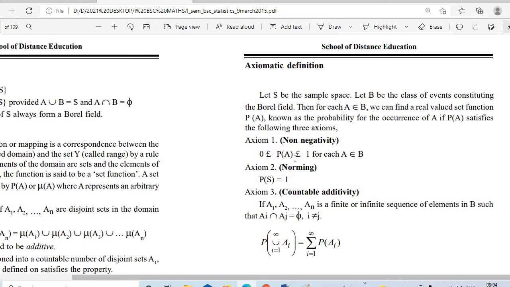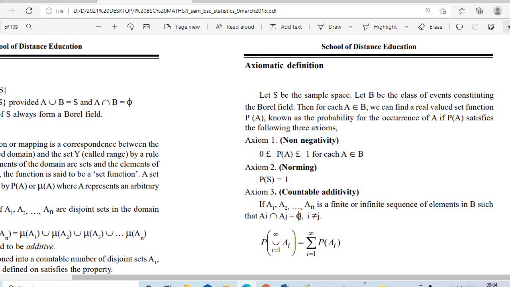I think I have already given this definition in some previous classes. This is not the euro sign, it is less than or equal to. There are several printing mistakes in this book. Please ignore this type of printing mistake. This is actually 0 less than or equal to P of A less than or equal to 1. Then P of S equal to 1.